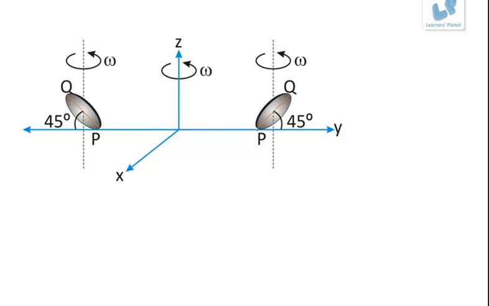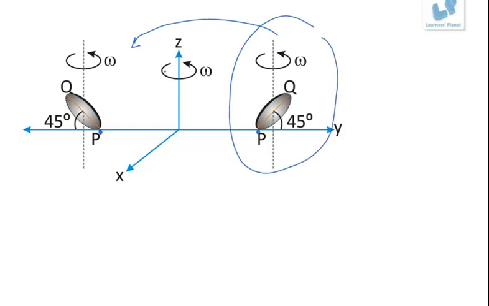Now let us look at case B. In case B also it is welded at this point P. When it turns by half a revolution and reaches here, point P is the same, but Q has changed its orientation. If we take an axis passing through the center of mass which is parallel to the z-axis, then compare this orientation and this orientation, P being welded, the point Q has turned like this.